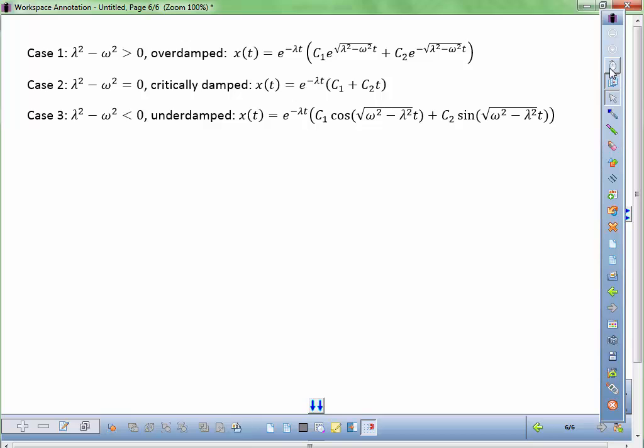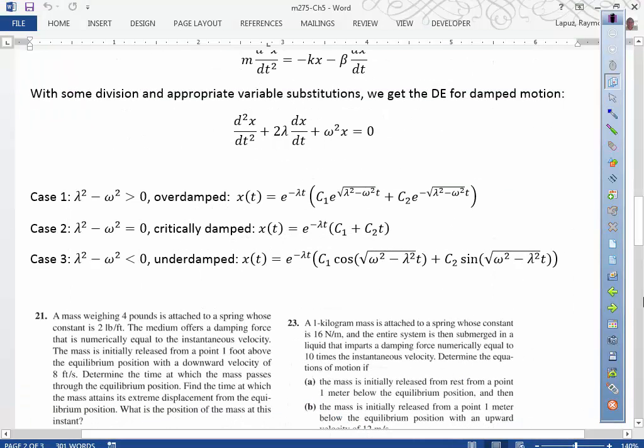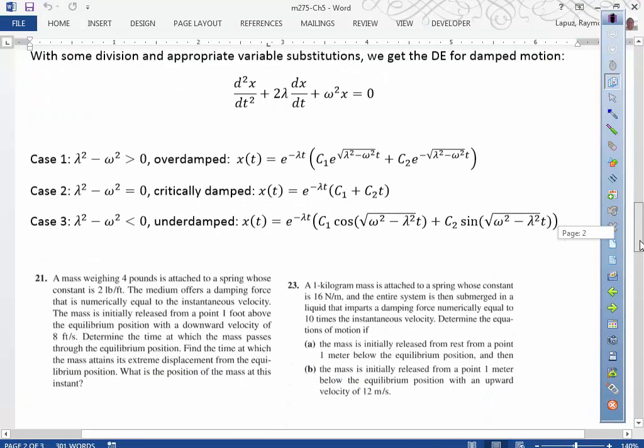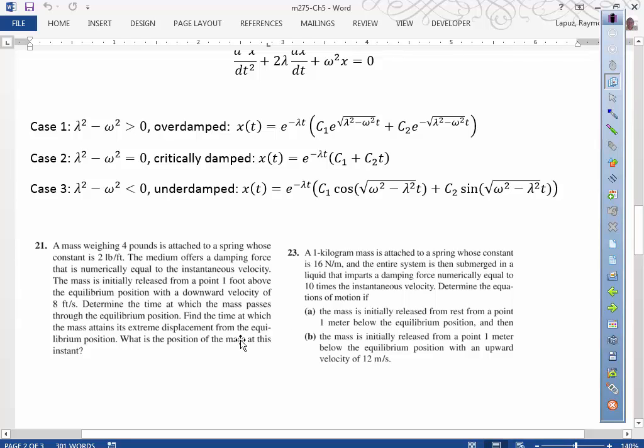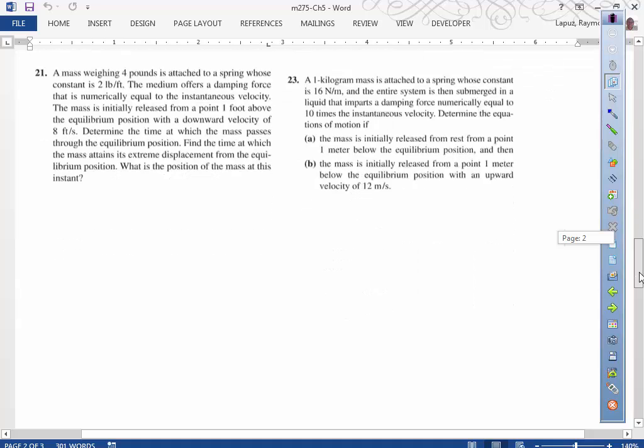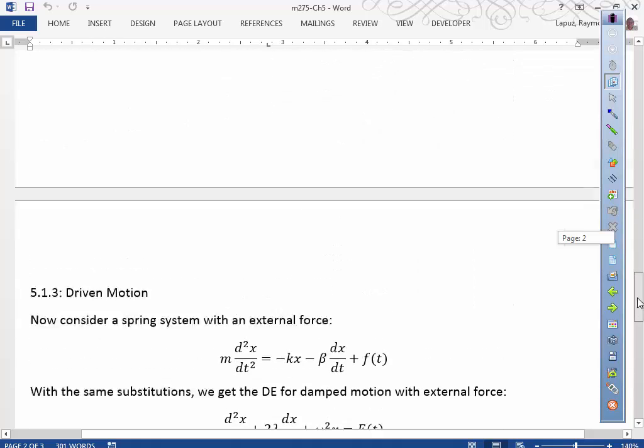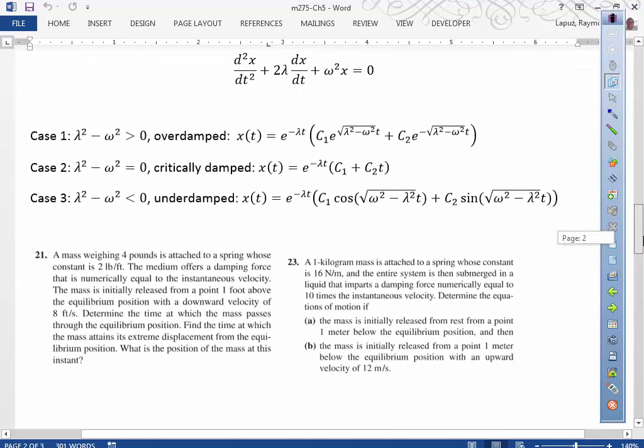All right, let's see if we can do a problem in 5 minutes. I don't know if I'm going to be able to do them. Let's see, number 21.